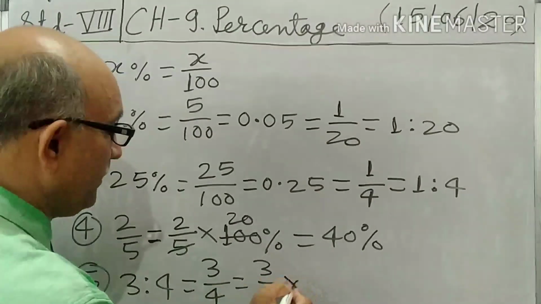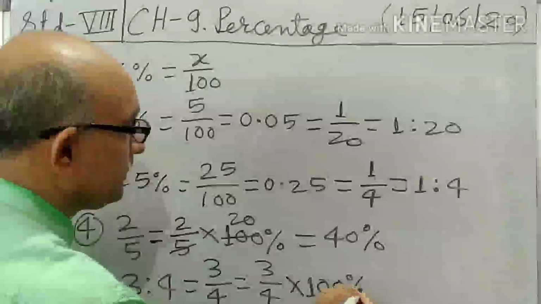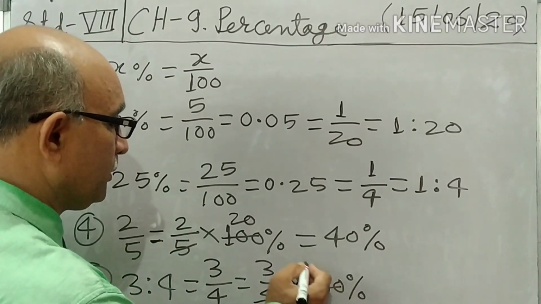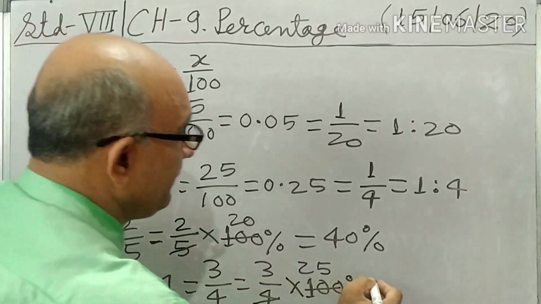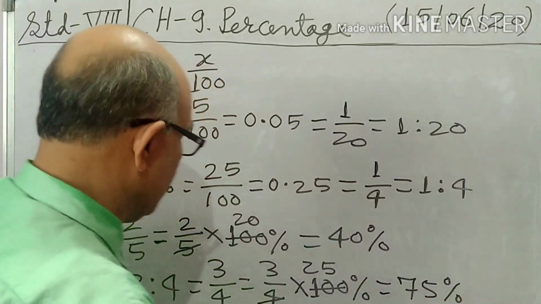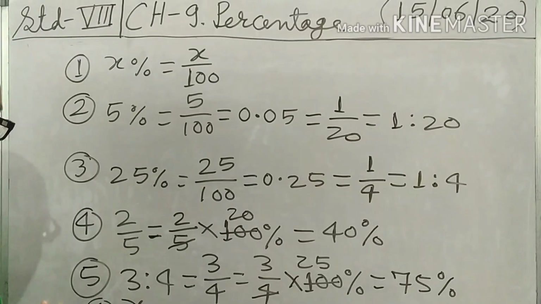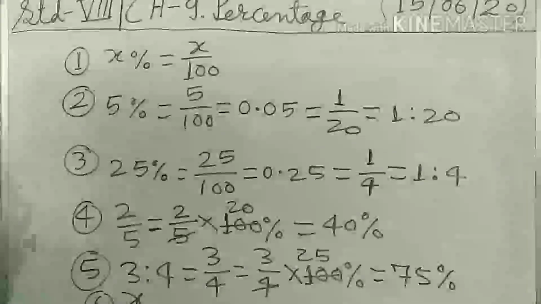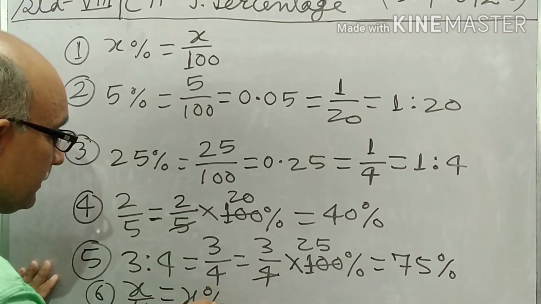So 3 by 4 multiplied by 100%. 25 fours are 100, and 25 threes are 75%.